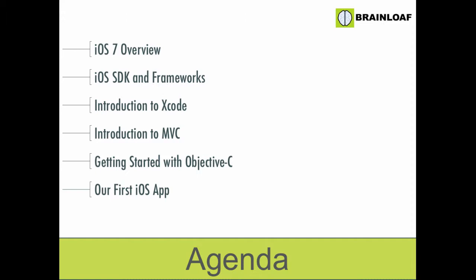And then we're going to go through getting started with some Objective-C, and this will be new for a lot of you. Objective-C has actually been around for a while, but made its way into NeXTSTEP, which is the precursor to OS X, and it's used as the primary language for developing iOS applications, as well as Mac desktop applications too. And then we'll go through creating our first iOS app.